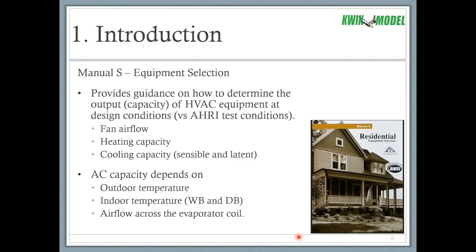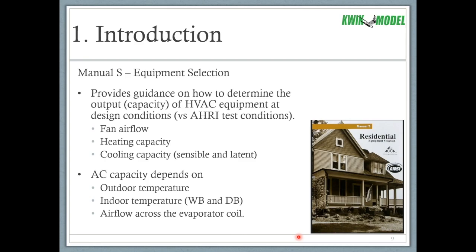When they get those numbers, the equipment is tested at basically laboratory conditions, and they're very precise, controlled conditions. But that's not what the equipment's going to see when it actually gets installed. And so Manual S, especially for air conditioners, will help you read the manufacturer's specifications and determine what the actual capacity is going to be at design conditions.